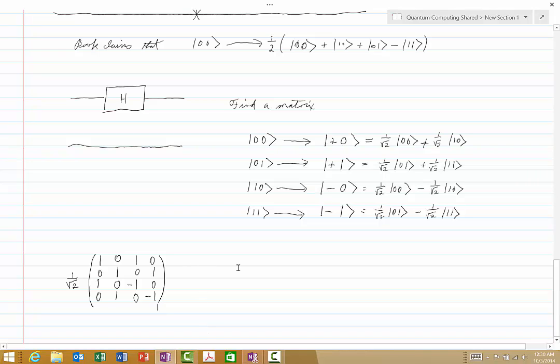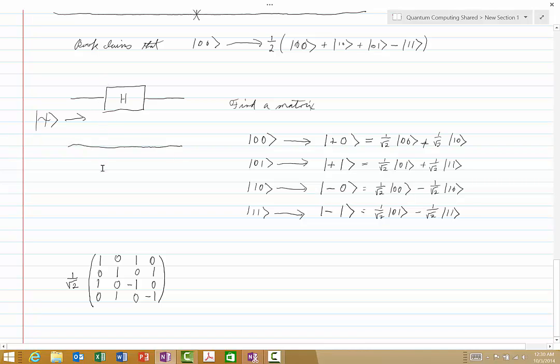So this matrix represents the action of this part of the circuit. And remember that we're going to operate with this matrix first, because this is the first part of the circuit that encounters our state, going from left to right.